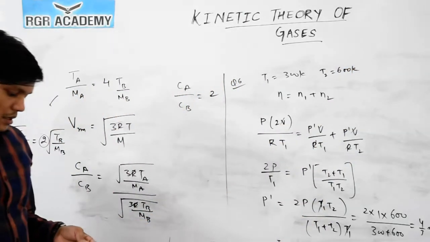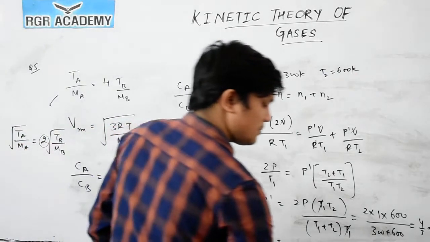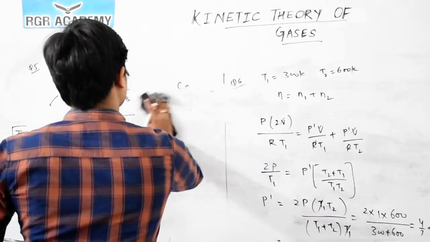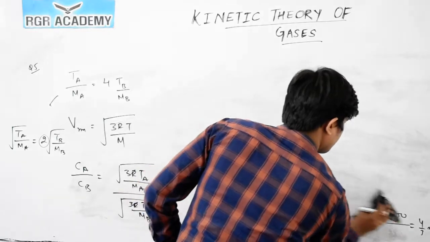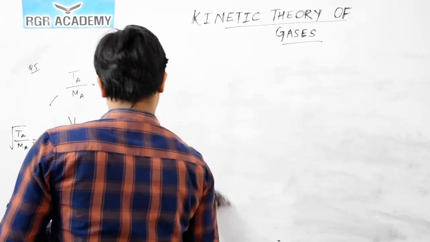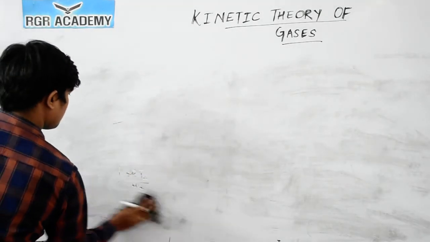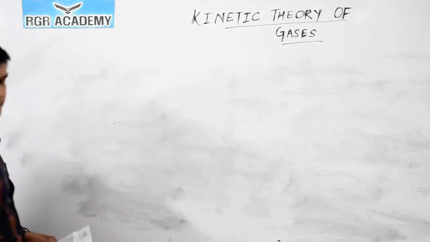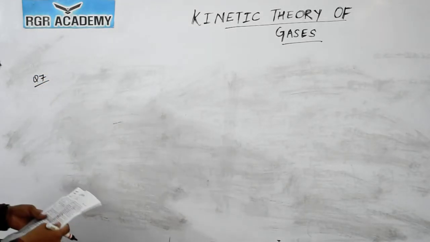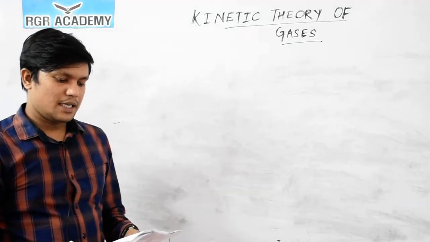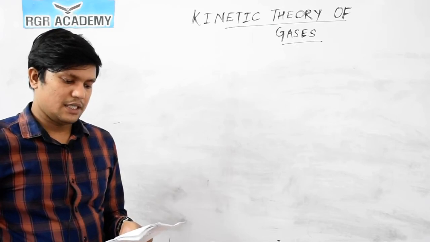Now we will move on to question number 7. 2 gram of O2 gas is taken at 27 degrees Celsius and pressure 76 centimeter of Hg.